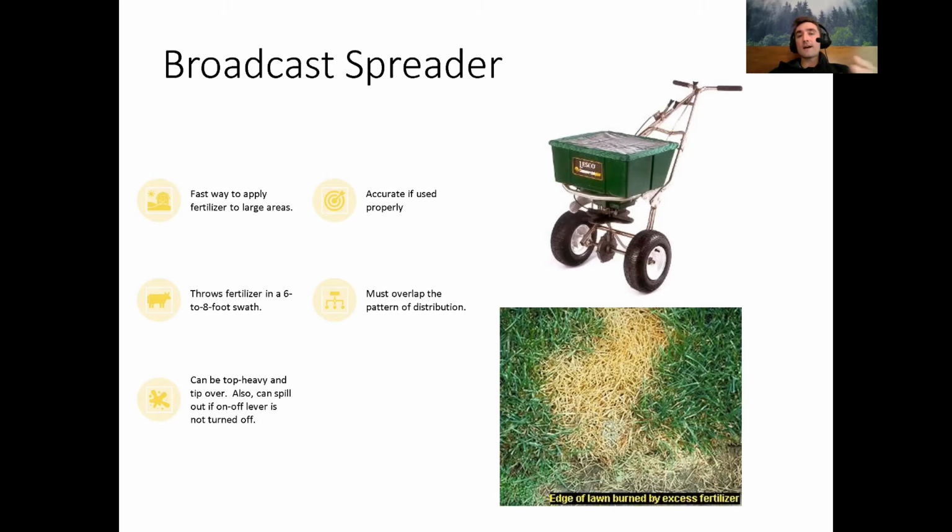And if you walk faster, the wheel will spin faster. If you walk slower, the wheel will spin slower. So your speed is kind of moderated in that regard.